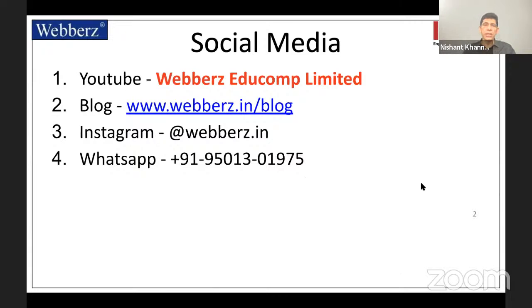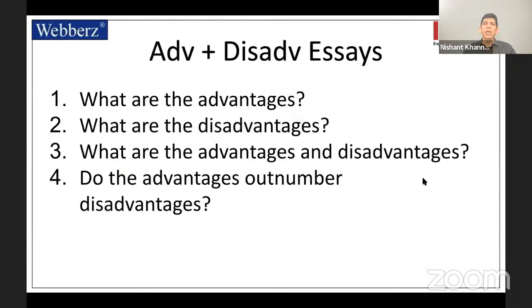Let us start with our class now. So these are the different types of advantages and disadvantages essay. These are the subcategories. Now you can be asked simply, what are the advantages? What are the disadvantages? What are the advantages and disadvantages?